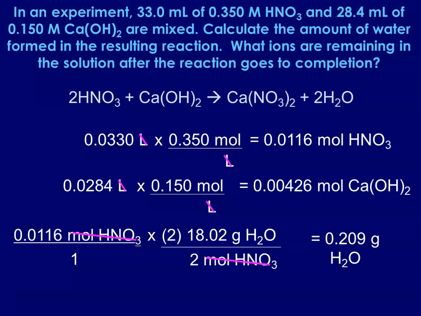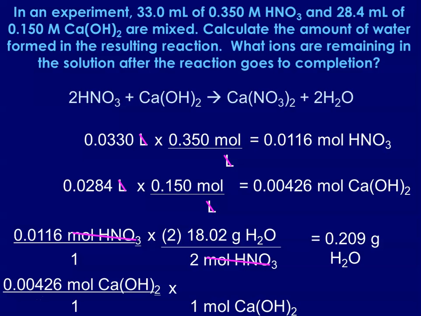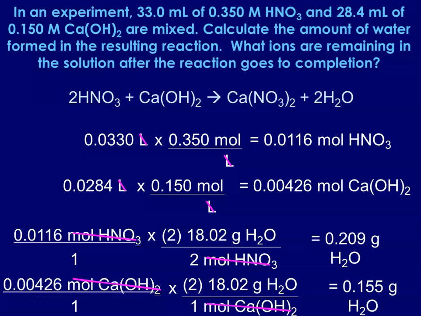I can do the same thing with calcium hydroxide. I take the moles of the calcium hydroxide. There's always going to be a 1 in front of moles, and there's also a coefficient of 1 in front of calcium hydroxide. So I just put the 1 there. The grams of water stays on top with 18.02 and its coefficient. And when I do the math through this time, I see that I made less water with the calcium hydroxide than I did with the nitric acid.